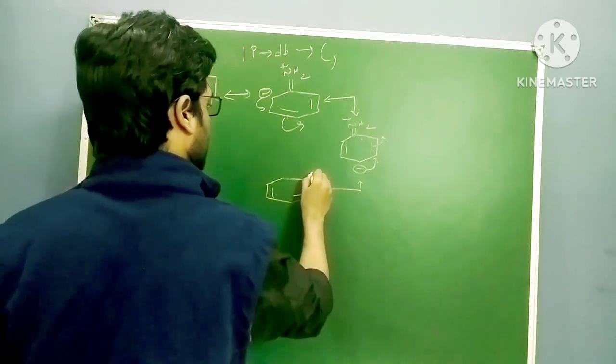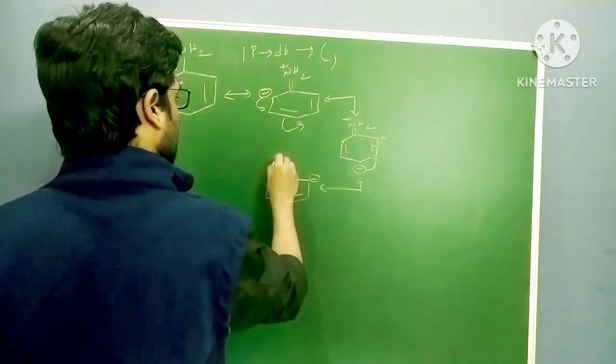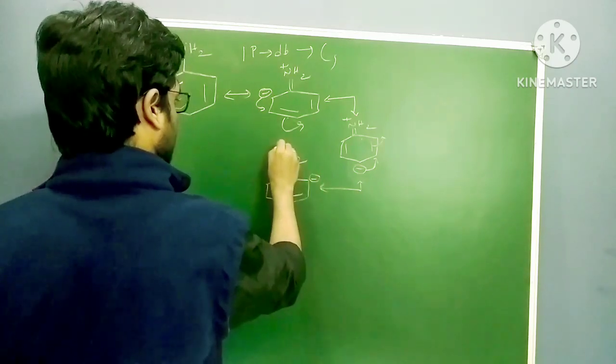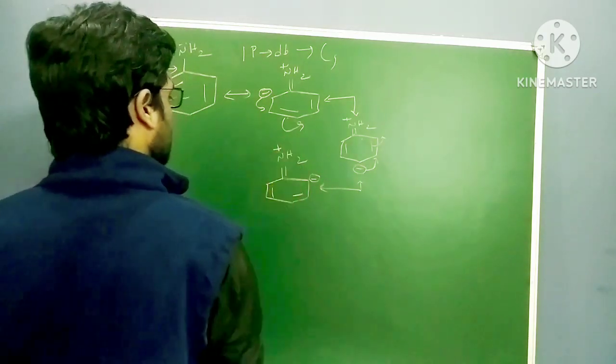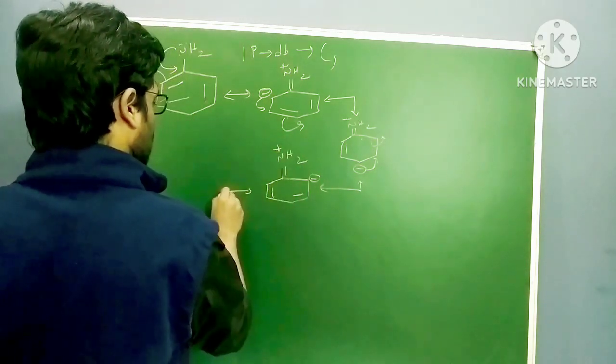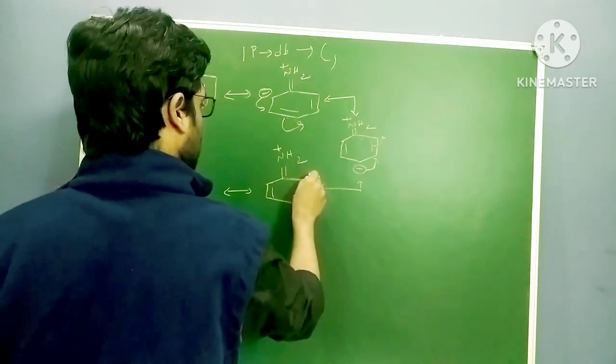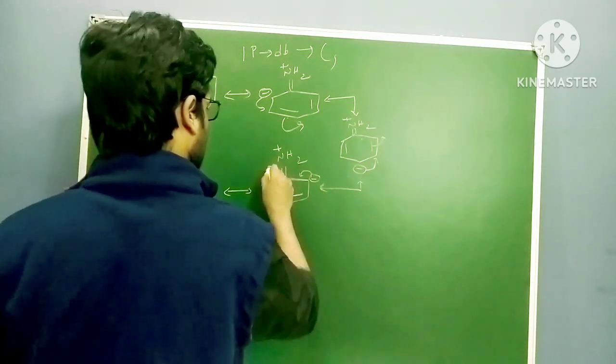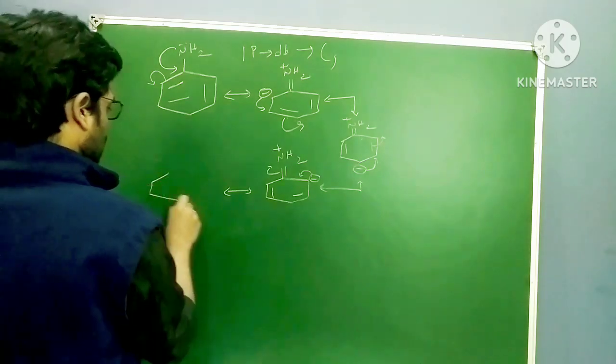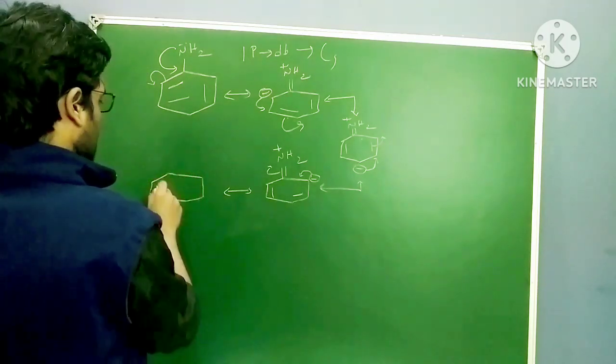Double bond, here minus, here double bond, NH2 positive. Okay, I will give you the conclusion after writing the structures, you don't need to worry. Again, minus to double bond, anti-clockwise. So you have to move anti-clockwise only because we started with anti-clockwise.